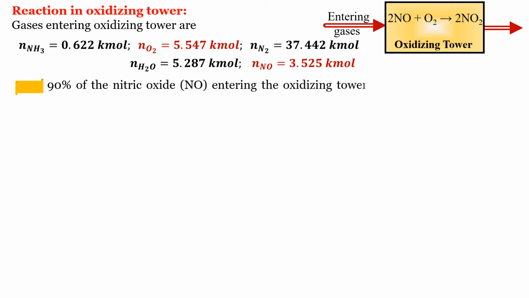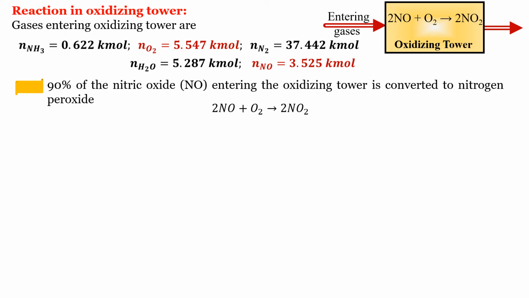Now the same components are entering into the oxidizing tower, and inside oxidizing tower only NO is reacting with O2 and giving NO2. And also it is given that 90% of the nitric oxide entering the oxidizing tower is converted to nitrogen peroxide.